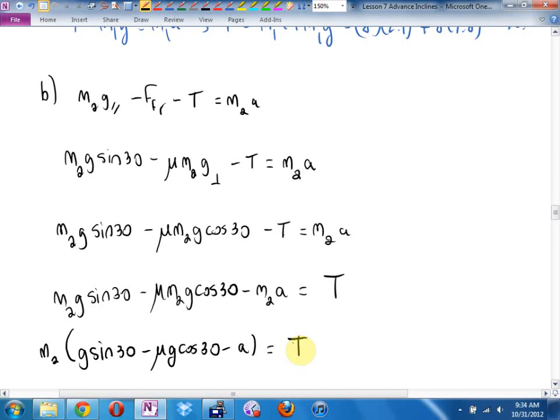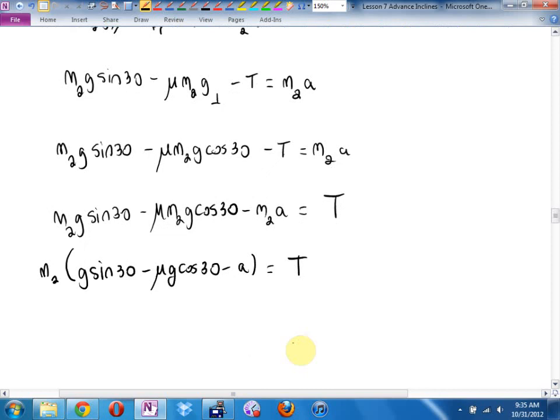Why is this so nice? By factoring out the GCF, see the M2 sitting in the front all by itself? How would I get it by itself? What's happening between the M2 and that big bracket? Multiplying, so how would I get it by itself? Divide by what? The big, huge bracket. Which is ugly, but I got a calculator.